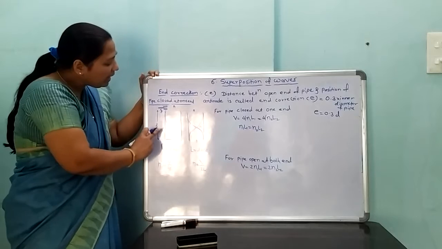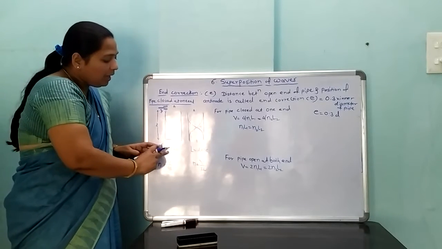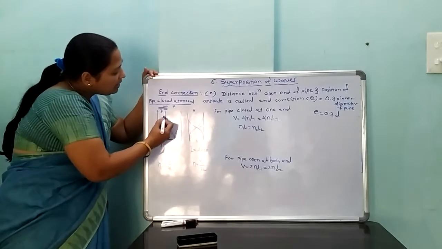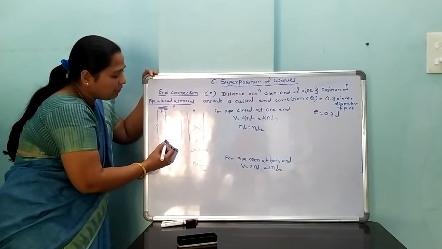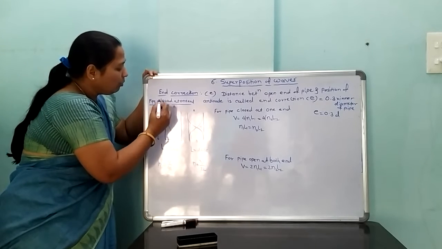But for a pipe closed at one end, the corrected length is calculated by L plus end correction. Because one end is closed, there is no end correction factor on that side. There is an end correction factor only at the open end.